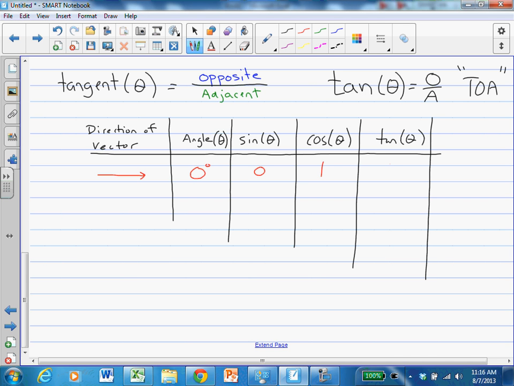If we look at this red vector here, we can see that the angle is 0, so there is no opposite side. So that would make sine 0. For the cosine, the adjacent is the hypotenuse, so they're the same, and that gives you 1. So cosine is representing the x direction there.